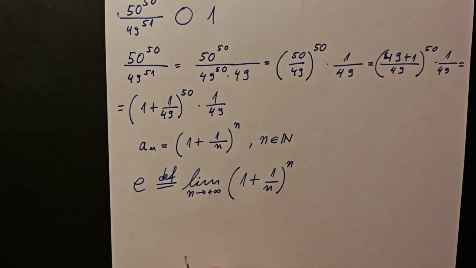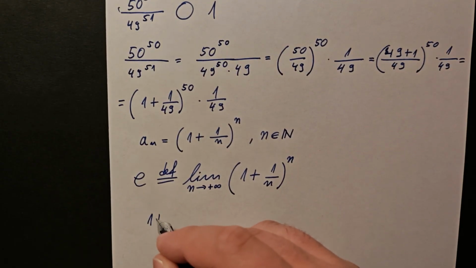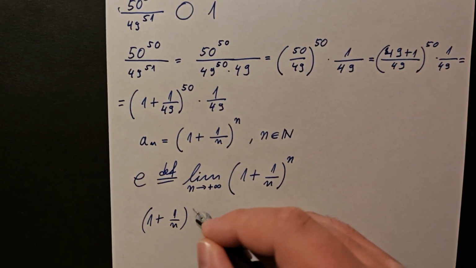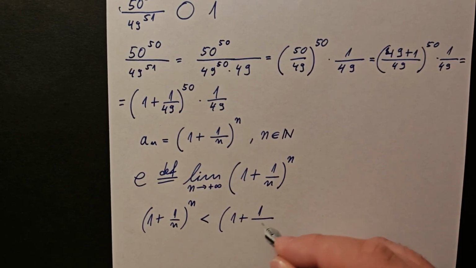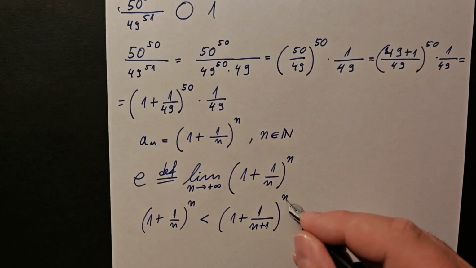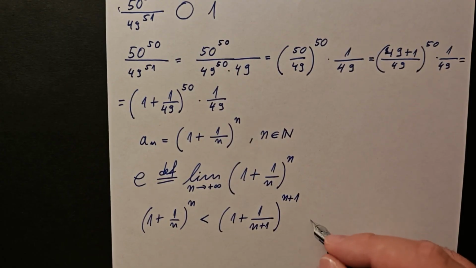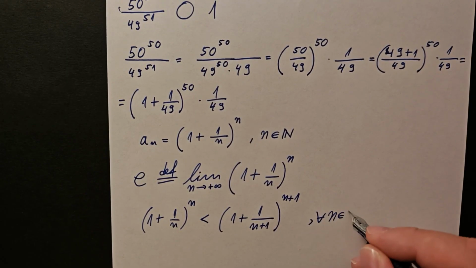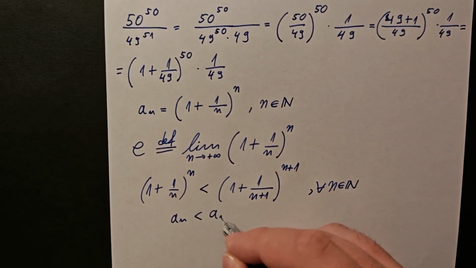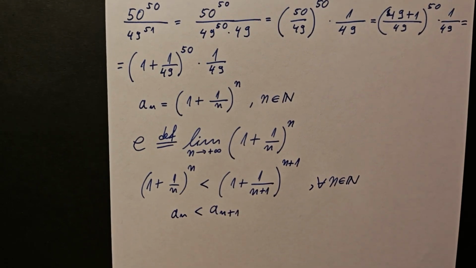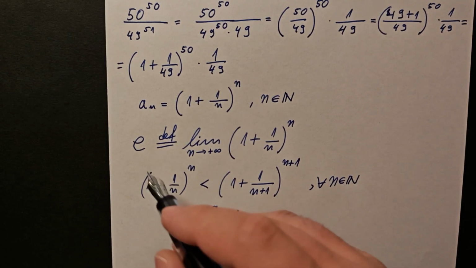And the property of this sequence is that 1 plus 1 over n raised to the power n is smaller than 1 plus 1 over n plus 1 raised to the power of n plus 1 for every natural number n. So a_n has to be smaller than a_(n+1), which gives us a monotony of this sequence, by which it always rises but it never becomes larger than this number e.